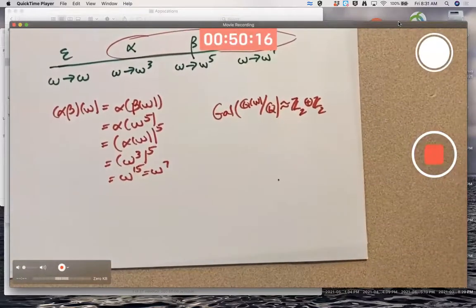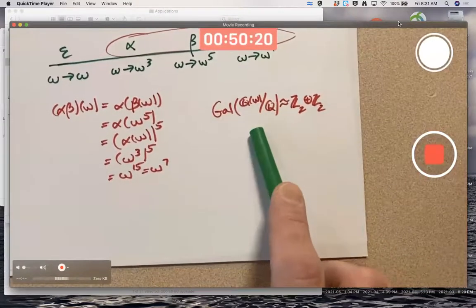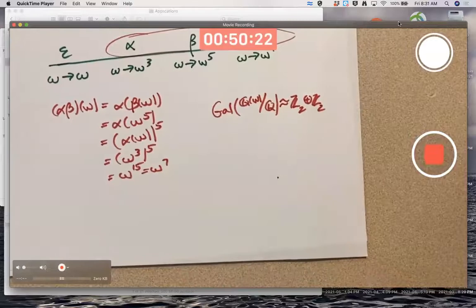Therefore, by the fundamental theorem of Galois theory, we can take the lattice of subgroups of this thing and make a correspondence with the tower of fields, call it a lattice of fields, for the field extension.